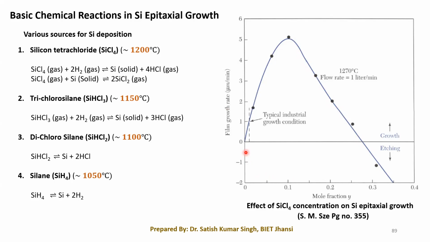The negative direction reflects that rather than the film growing, it will etch out the silicon layer. So after this particular concentration, etching of the silicon layer will take place. We have to keep in mind that the concentration of silicon tetrachloride should be controlled such that growth of the film takes place rather than etching.